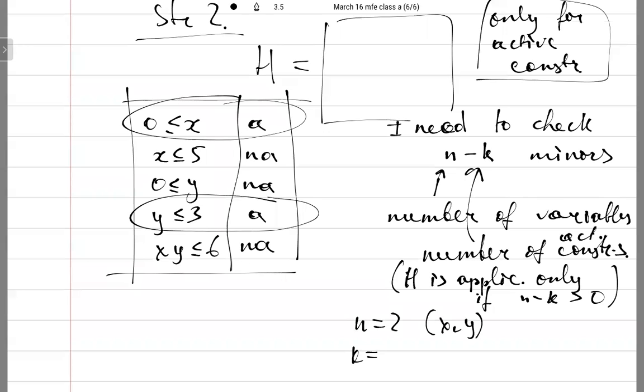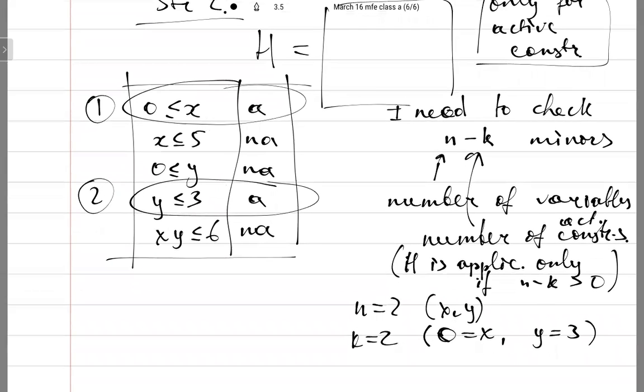K, the number of active constraints, is 2. Where is the first one? Where is the second one? x is equal to 0, y is equal to 3. So in my case, this approach is not applicable. But in the case the Hesse matrix is applicable, I just calculate n minus k minors.